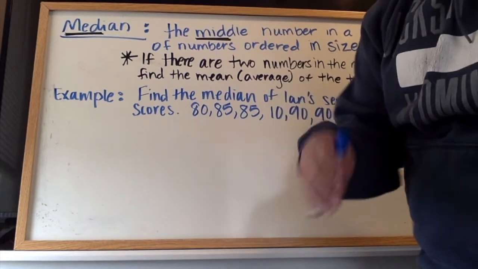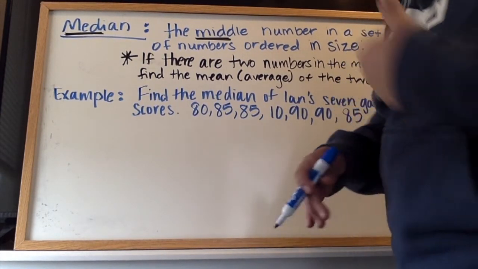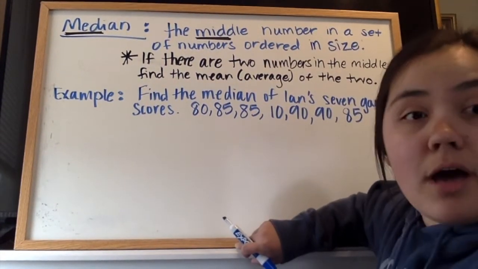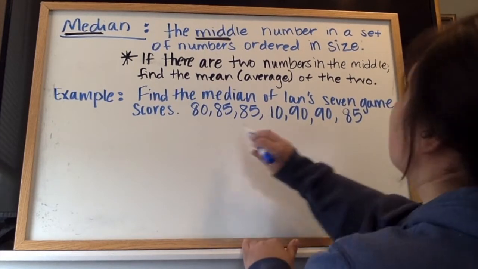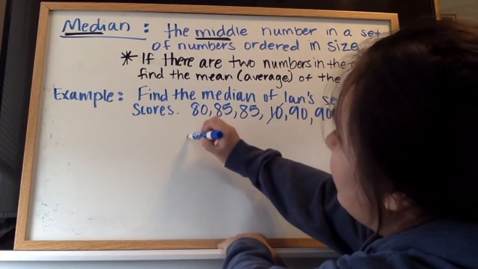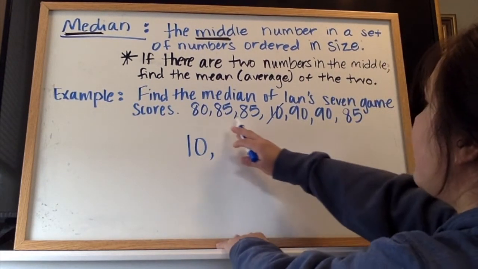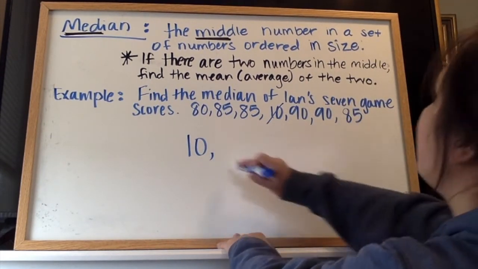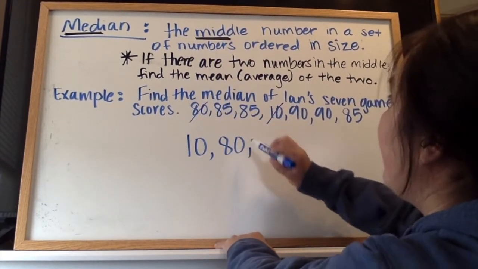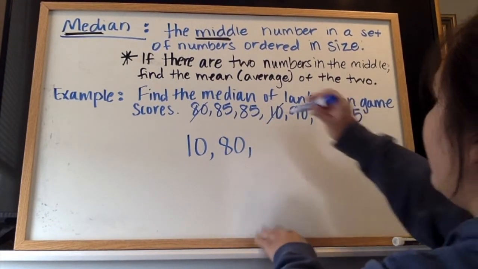That means greatest to least or least to greatest, whatever you want to do. I like to go least to greatest, and I cross them off as I do that. So the smallest, or the least, is 10. I'm going to put that down first. The next smallest number is 80. Then I have 85, and I have 1, 2, 3 of them.